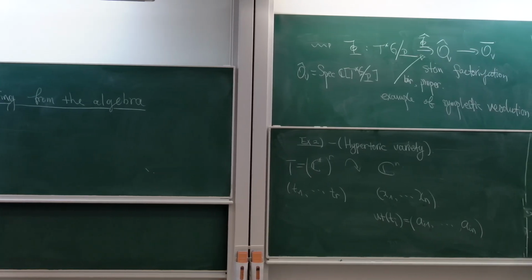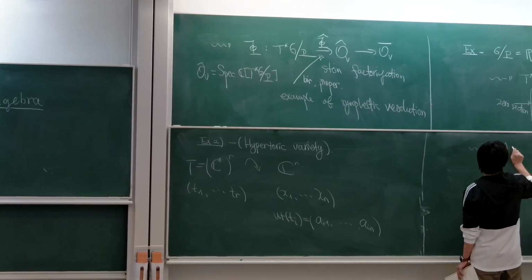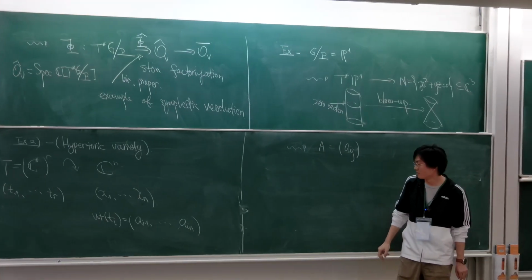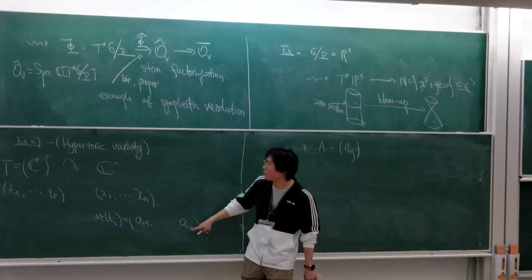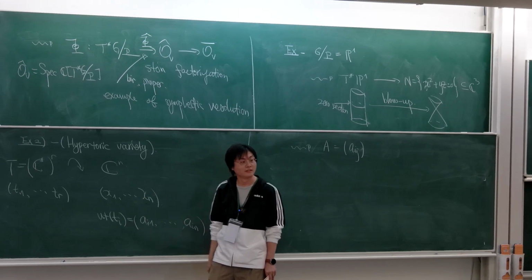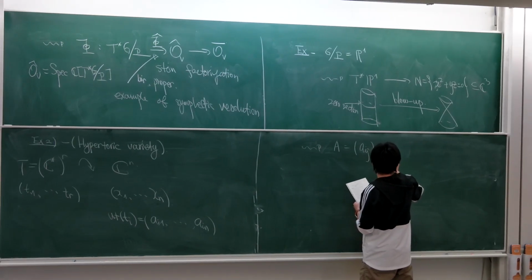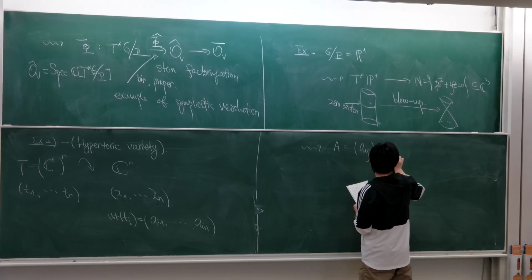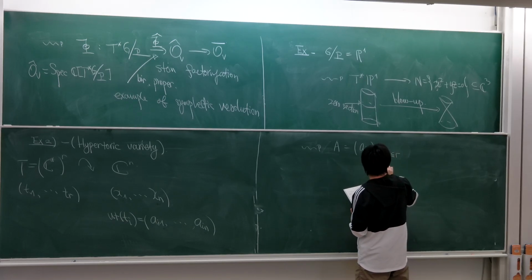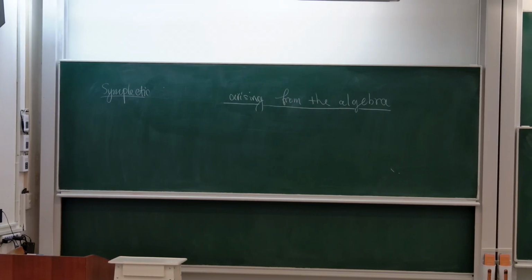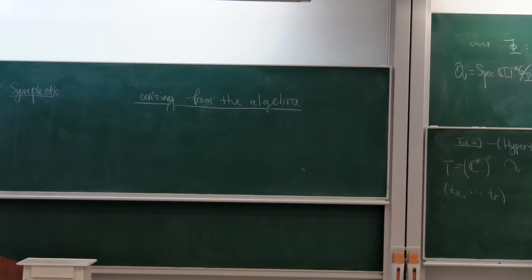So you get some matrix A, which is a_ij, where i is from 1 to r and j is from 1 to n. I will write it down like this. This is the first column, and this is the last column.